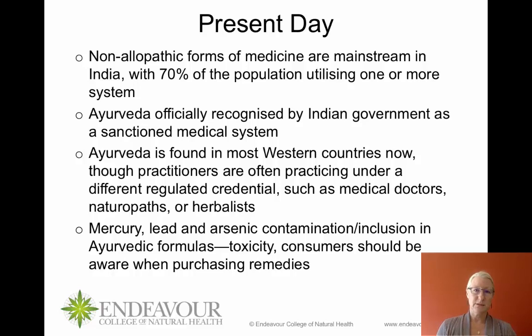This is a big bone of contention in the West and has caused some Ayurvedic medicines in the West to be banned from importation. And so consumers just need to be aware when purchasing remedies to make sure that there's some examination of that aspect of things.